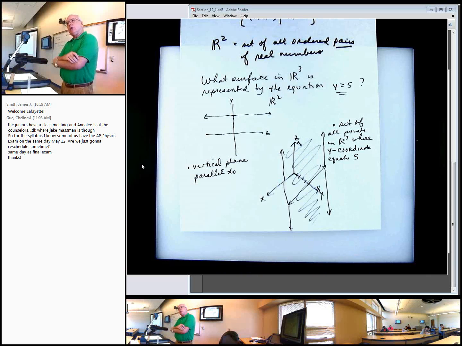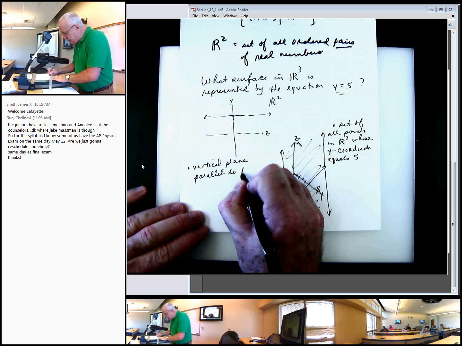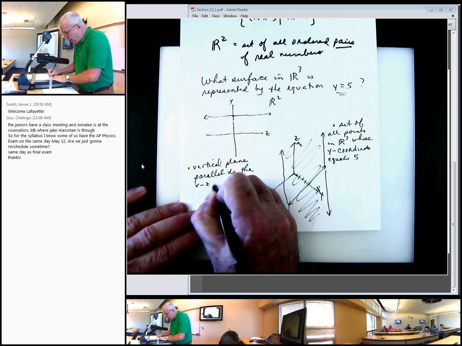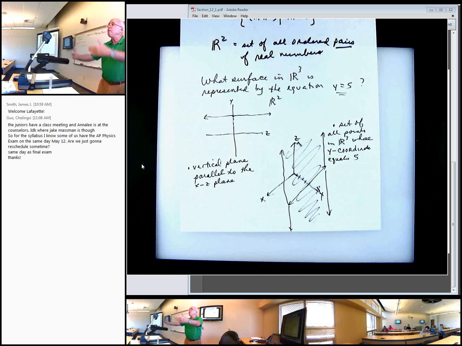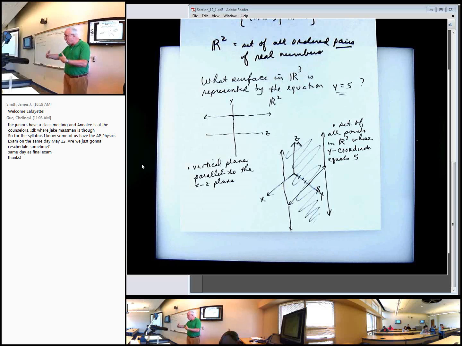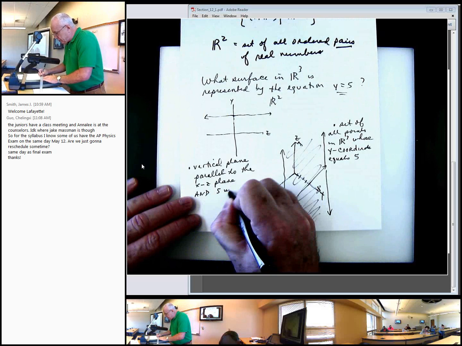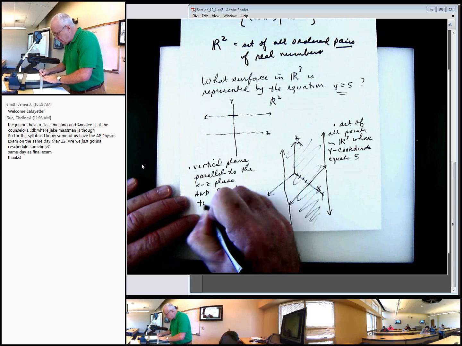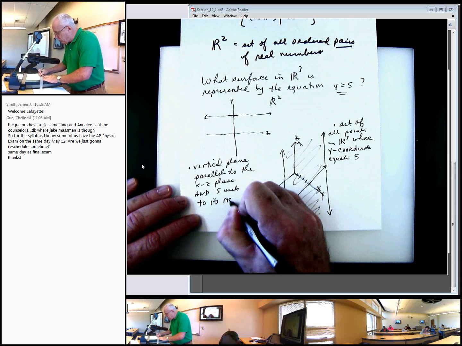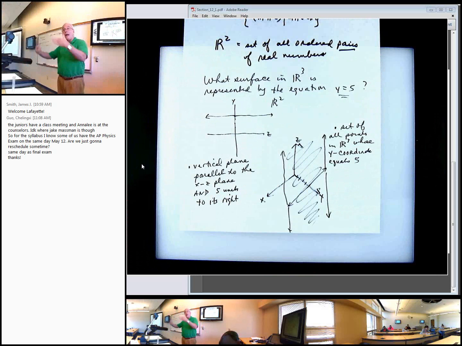Would it be parallel to the xy plane, the yz plane, or the xz plane? It would be parallel to the xz plane, and it's 5 units to the right of it. Because of the directions we're using, we're going in the positive y direction.